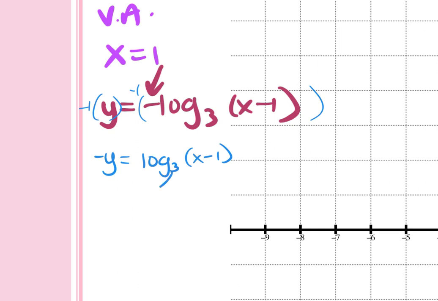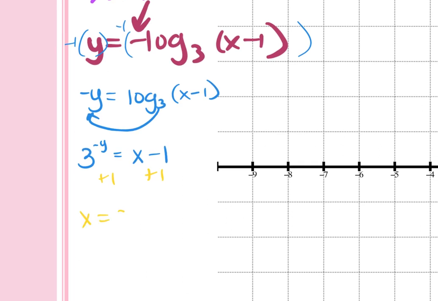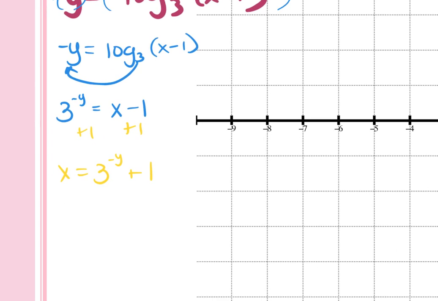Now the 3 comes over and picks up a -y. Drops off, leaving x plus 1, and then I'm going to add the 1 at the end. And I get x equals 3 to the -y plus 1. And now I plug in -1, 0, 1 for y.